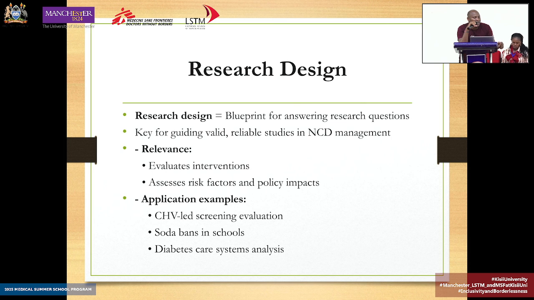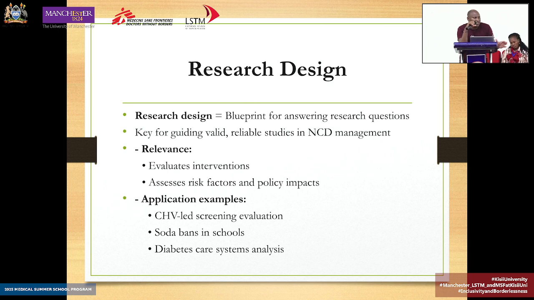So, in other words, you are going to the field to answer the research questions that were put forward when you were collecting data during your surveys in the field. And research designs are able to help you to assess the risk factors that may impact your study. And remember, if the study is affected from the onset, at the end of the day, even the interventions that you initiate are not going to create an impact in the field.